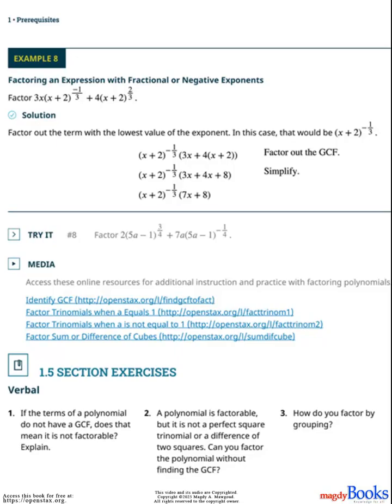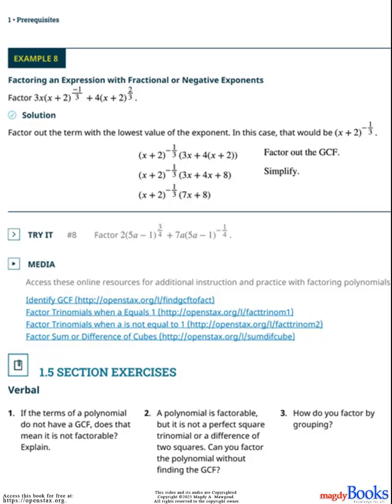Factor out the GCF: (x plus 2) to the power of negative 1/3 multiplied by (3x plus 4x plus 8). Simplify: (x plus 2) to the power of negative 1/3 multiplied by (7x plus 8).